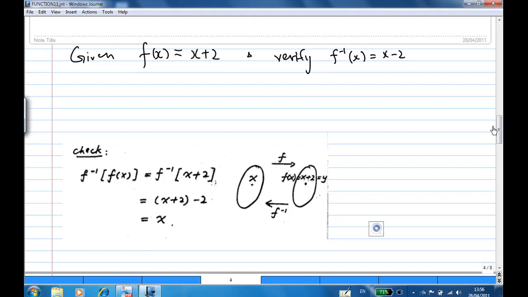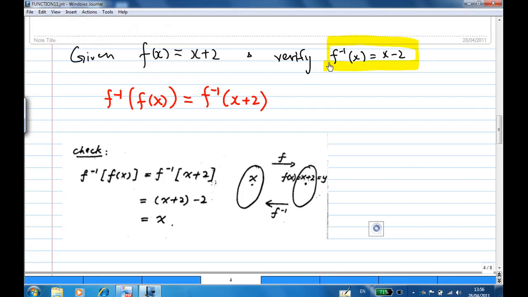Now how do we check that this is correct? You can always check by finding f inverse of f of x and see whether you get back x or not. So we know f of x is x plus 2, and we find out that f inverse of any number x is just x minus 2.